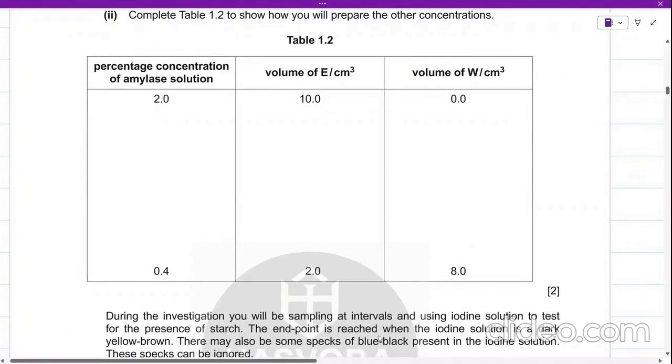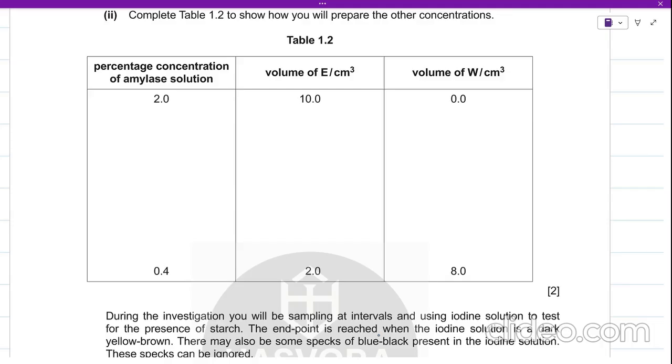Now you can see the percentage concentration of the amylase solution, where the start is the stock solution, or the original one which they have provided us. You can see the last, most dilute concentration that they have given us is 0.4. So we can see what gap they are trying to convey, that is, what gap we should keep between our concentrations.